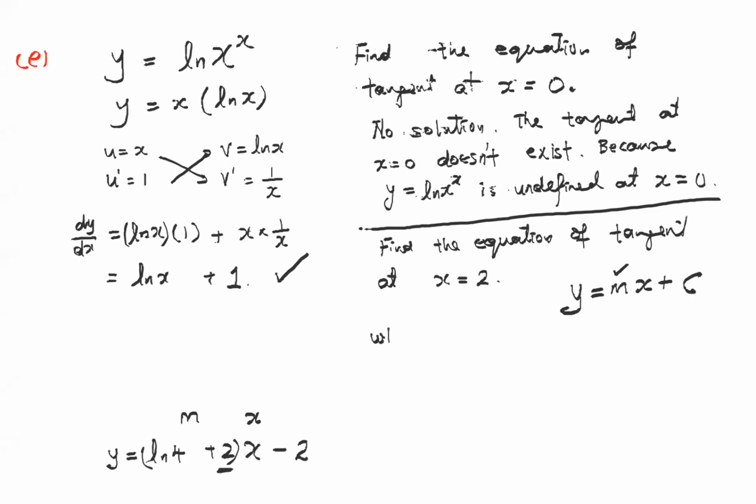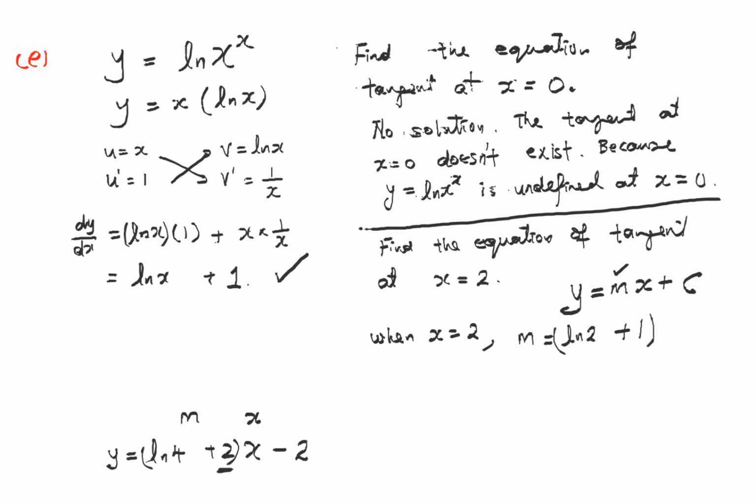So I write down when x equal to 2. Gradient dy/dx is the gradient of the tangent. Am I right? It's the gradient function for the tangent. So I straight away substitute x equal to 2 into ln x plus 1. So this is the gradient.